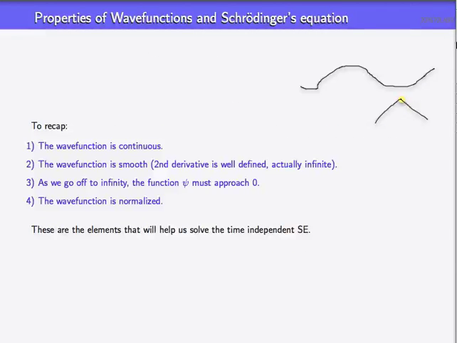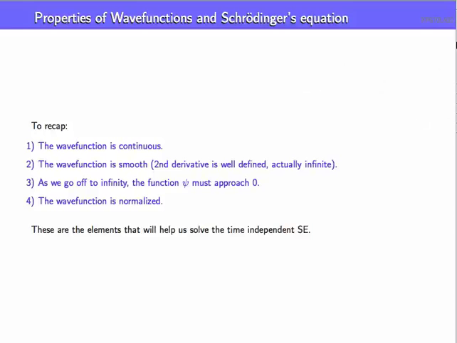So these are conditions, and we are going to use these in the next one to examine a particular scenario and make sure these are adhered to. The wave function is continuous, the wave function is smooth, all derivatives are finite. As we go off to infinity, the function must taper off to 0, and the wave function is normalized. These elements will help us solve the time-independent Schrodinger equation.